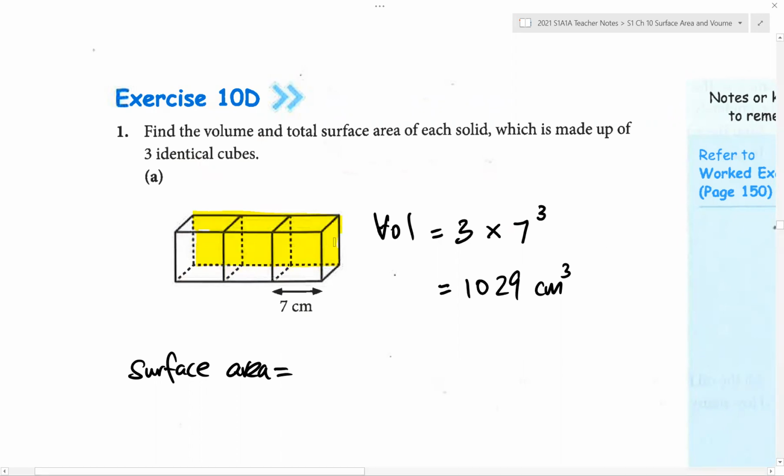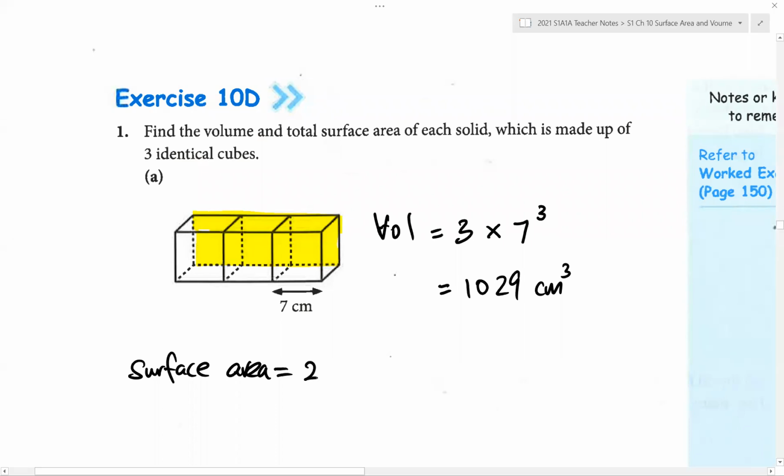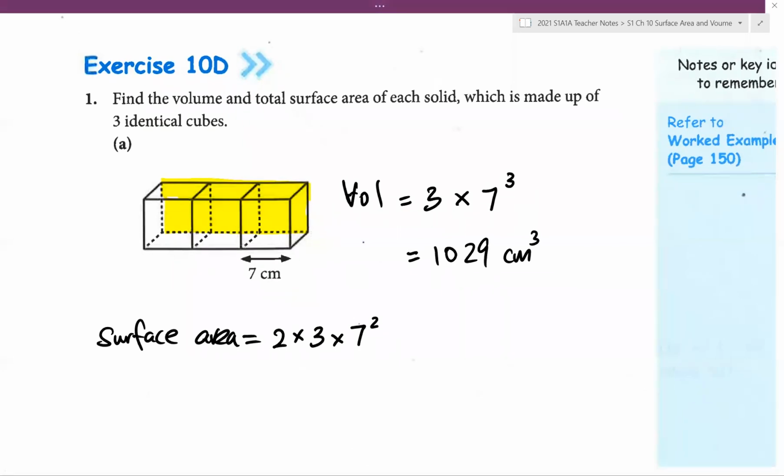Let me now write down the area of these 2 highlighted portions that I've just identified. So I've got 2 of those yellow rectangles. Each of the highlighted areas is made up of 3 squares, and each square is 7 squared. Let me explain this again.